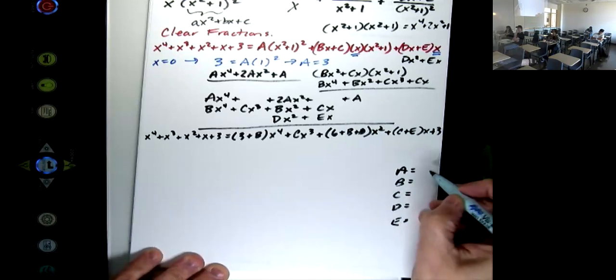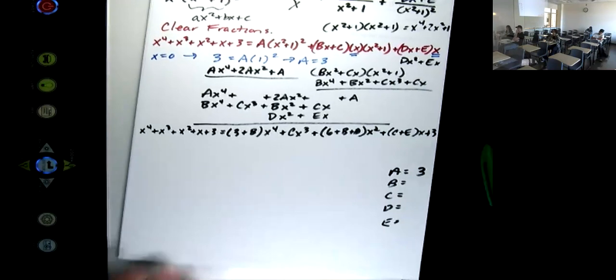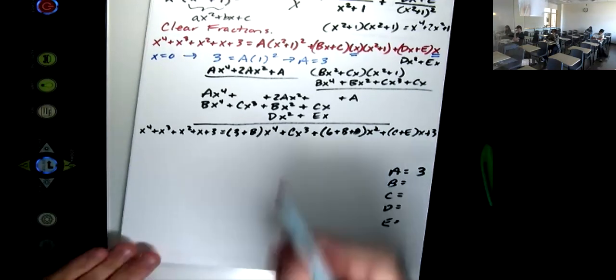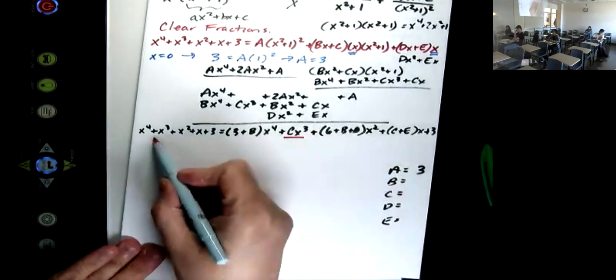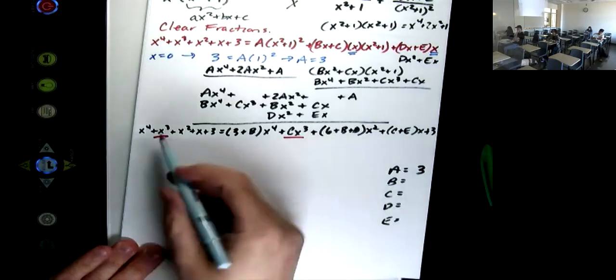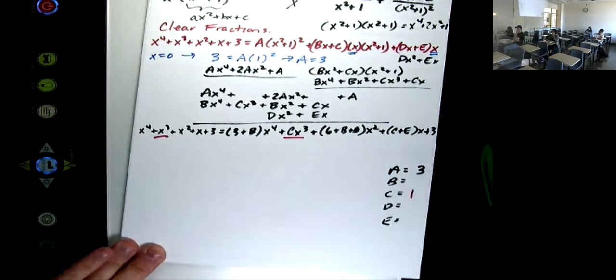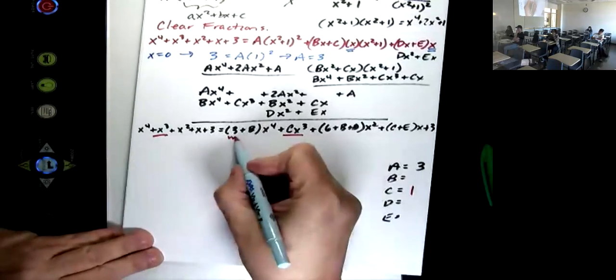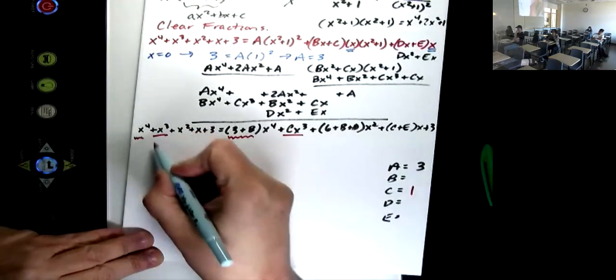I know A equals 3. If I look at equating, there's only one x cubed, look at that. The x cubed tells me there's a C on the right and it's 1 on the left. C's got to be 1. I can see that 3 plus B has got to equal 1.